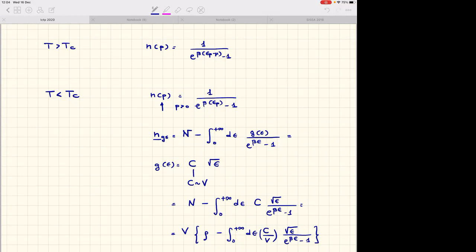If you increase the volume, you increase the occupation of the ground state. What does it mean? It means that your ground state is occupied by a macroscopic number of particles. Macroscopic means that it has a finite density, a number of particles proportional to the volume of your system. Is it clear now?